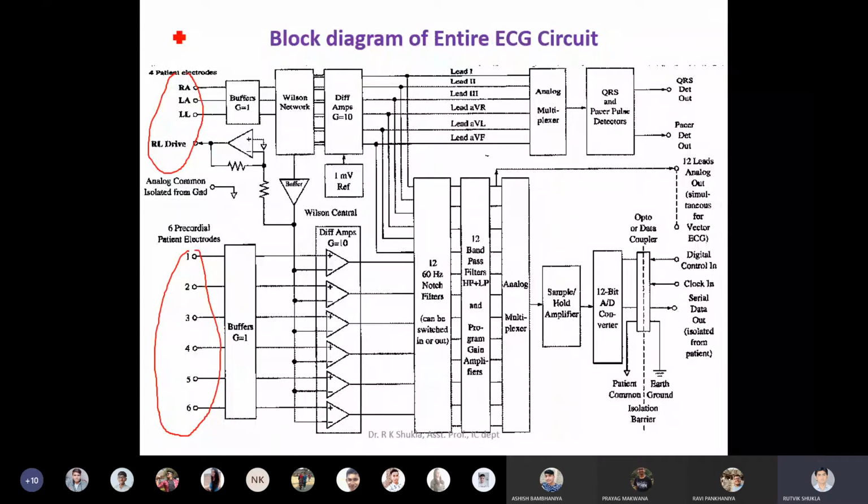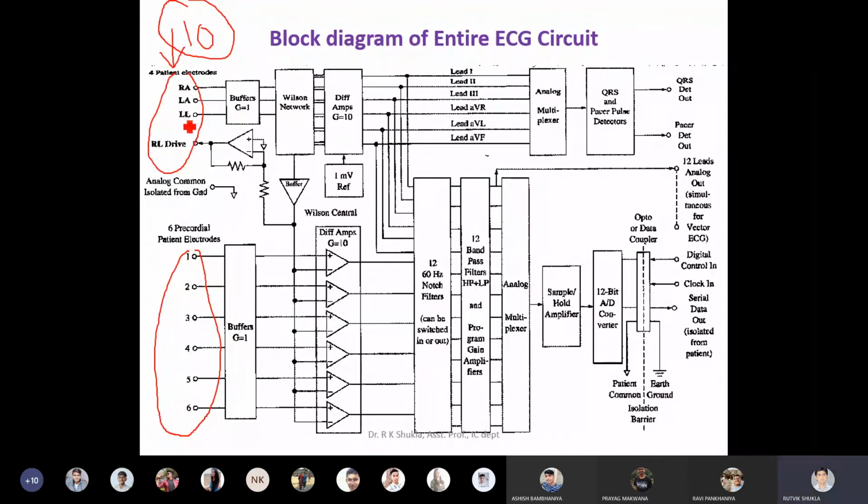So 4 plus 6. In one of the lectures I asked how many electrodes you need if you want to record all 12 leads at once. Most of you gave this answer, and here you can see they have connected 10 electrodes, and with the help of these 10 electrodes it is possible to monitor all the 12 leads.